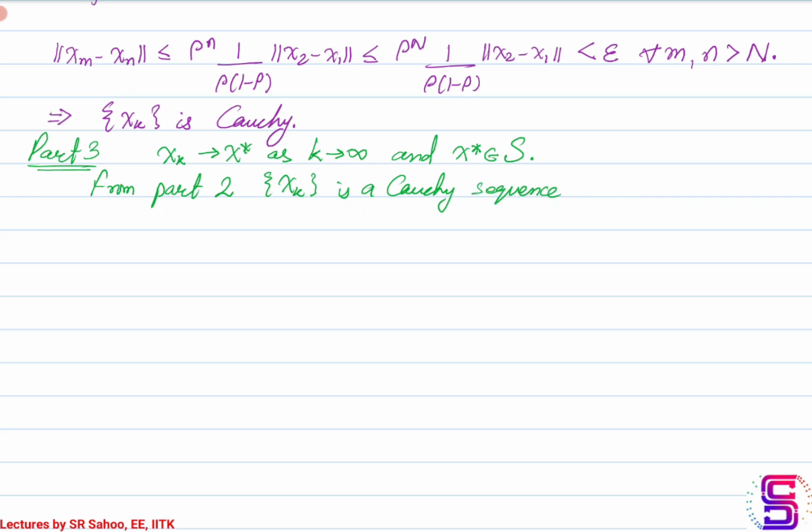The sequence of xk is a Cauchy sequence, and since the capital X is a Banach space, the sequence that we have is convergent.